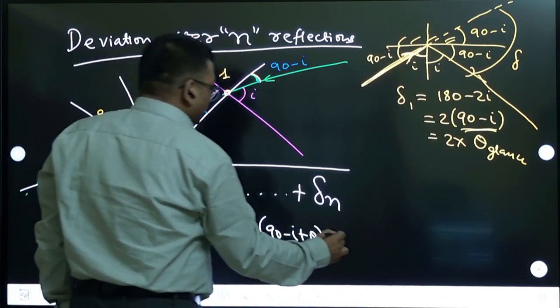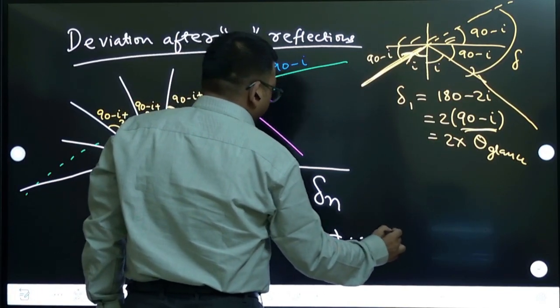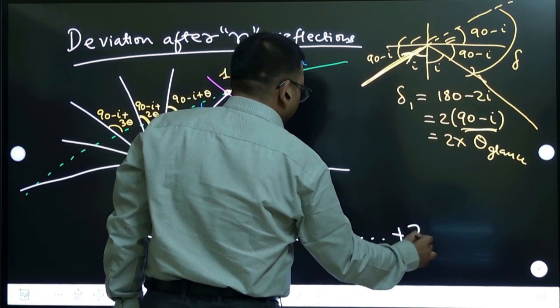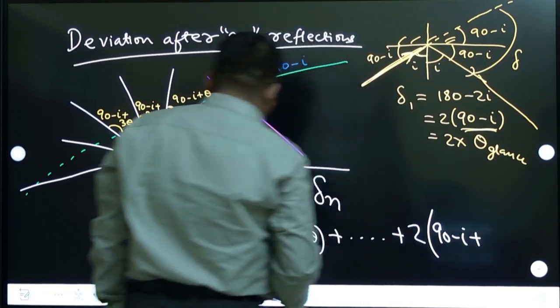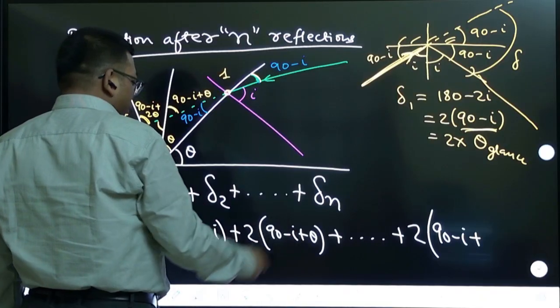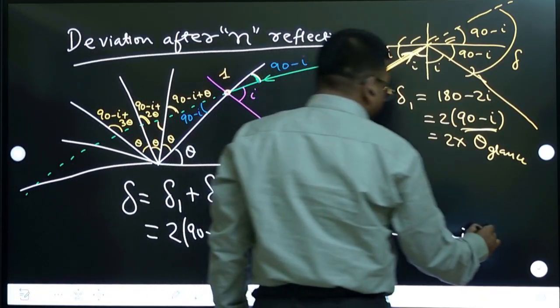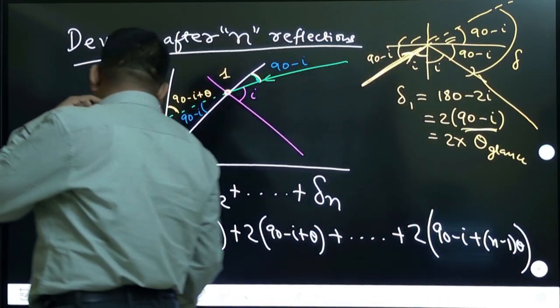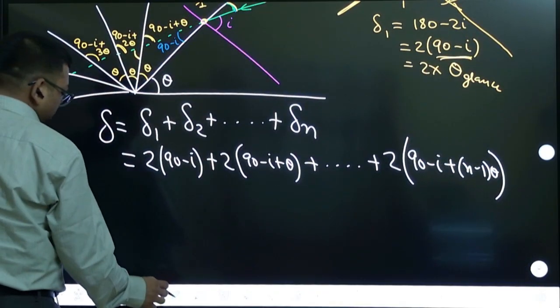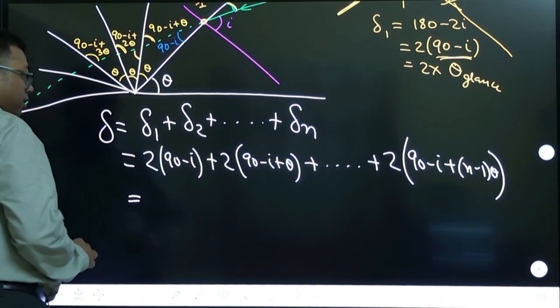Next like that it will continue. The last one will be 2 times (90 minus i plus (n minus 1) theta), since for the second one it is theta, so for the nth one it will be (n minus 1) times theta. Like this we can calculate the total deviation. Let us add this, and an arithmetic progression will come.